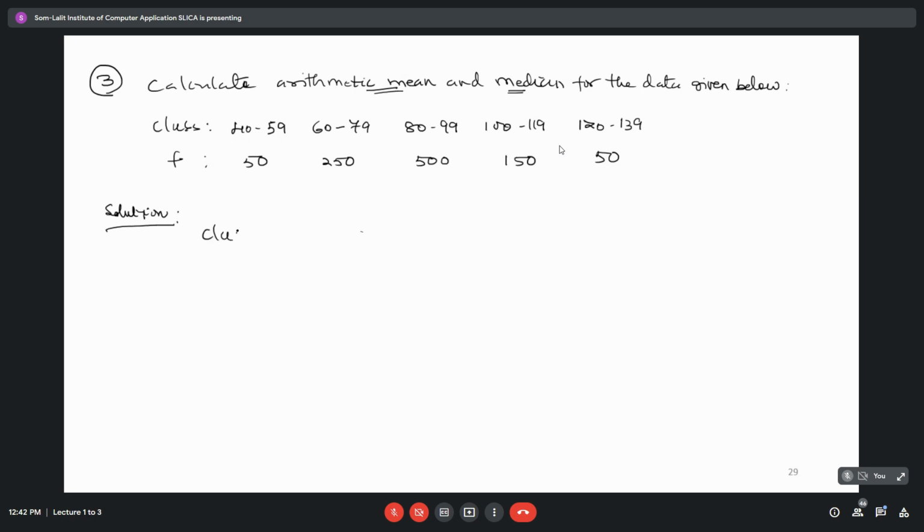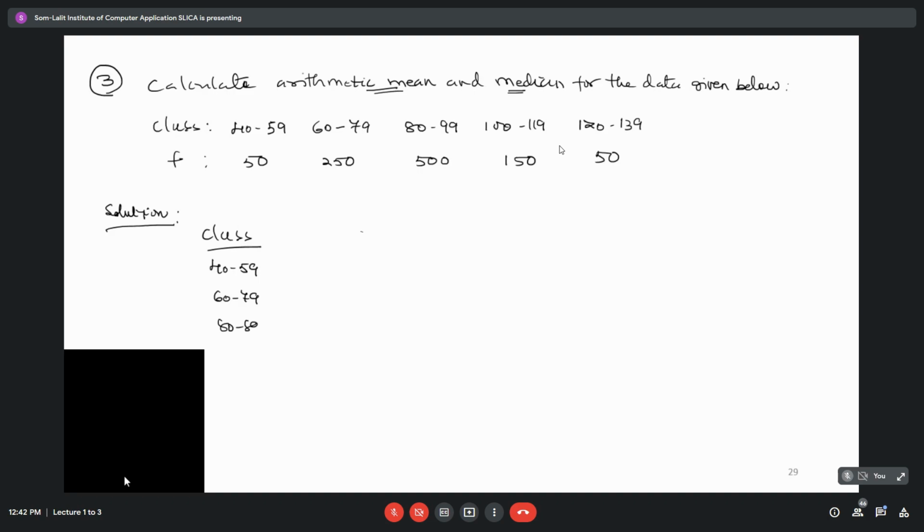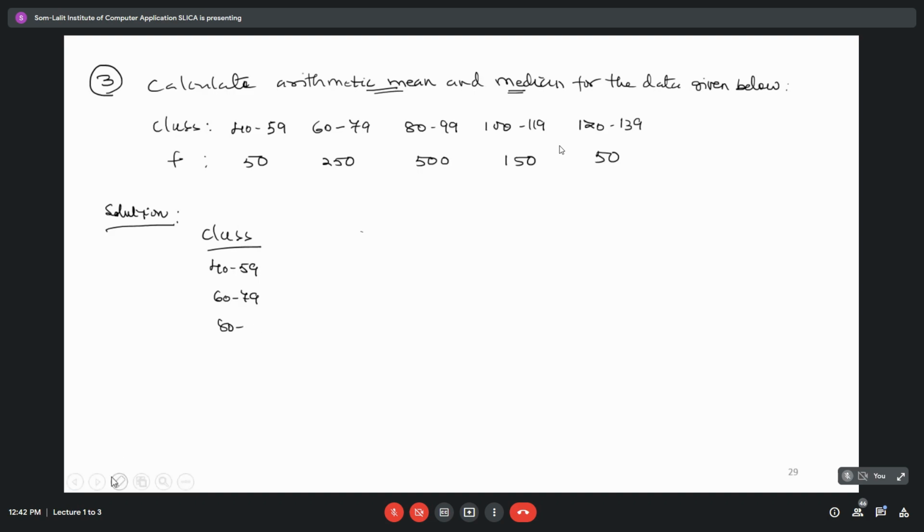So here we have the classes 40 to 59, then 60 to 79, then 80 to 99, then 100 to 119 and 120 to 139.